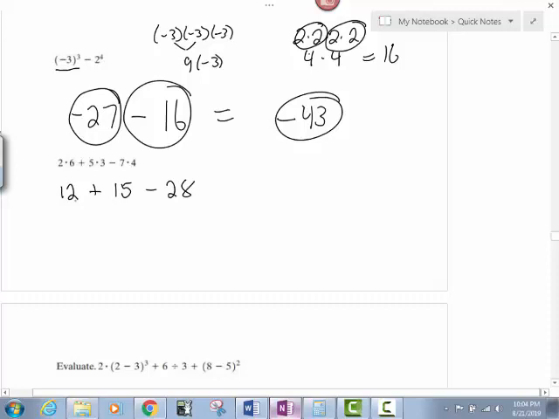So we're going to go left to right now. 12 plus 15 is 27 minus 28. Again, think about this. I have $27, but I already owe you 28. If I owe you $28, I only have 27, and I give you the $27 that I have, I still owe you one more dollar, right?